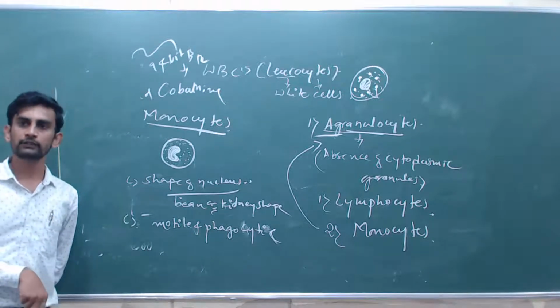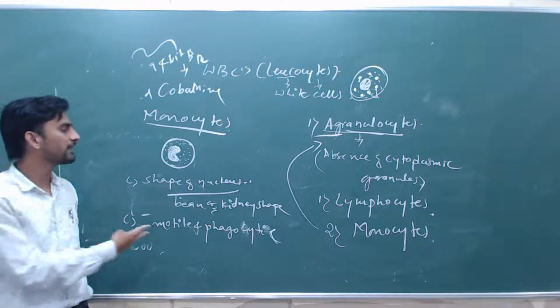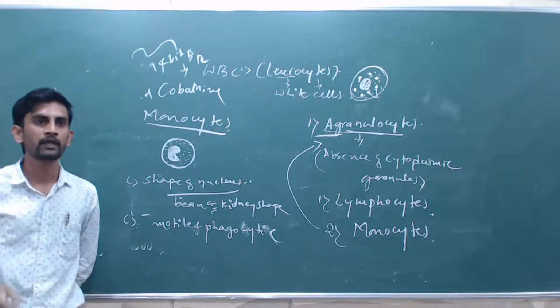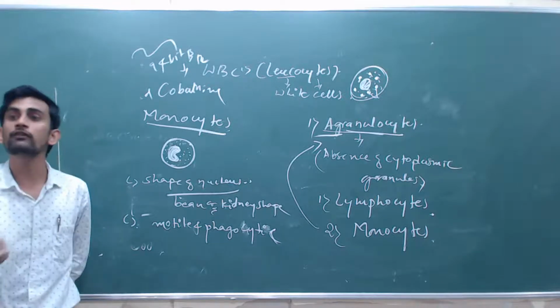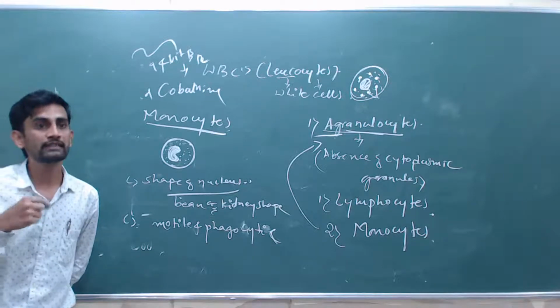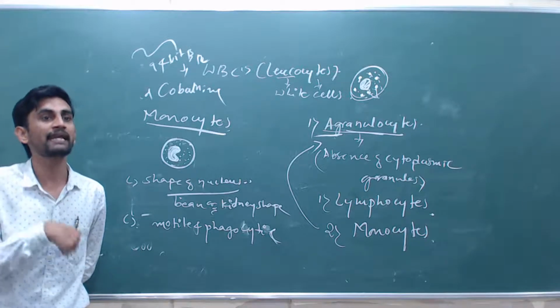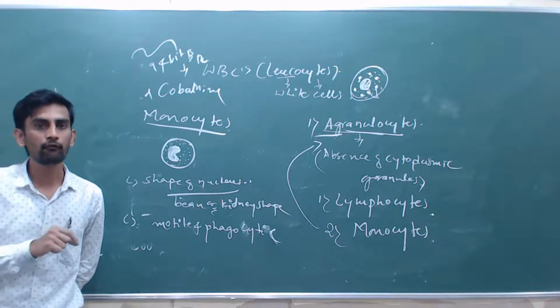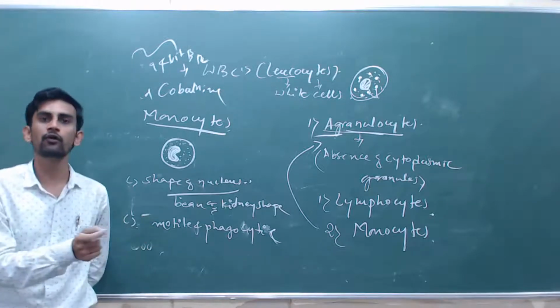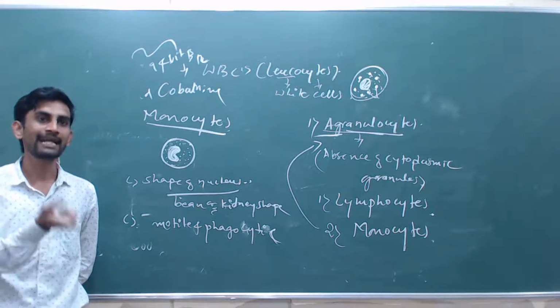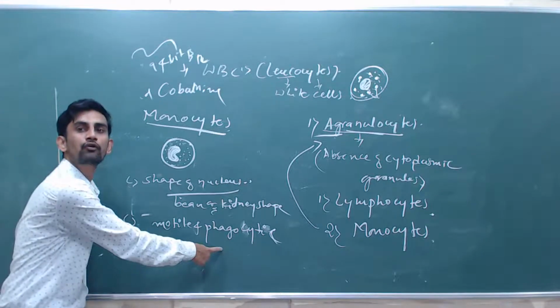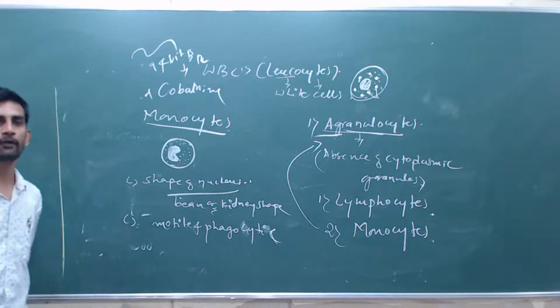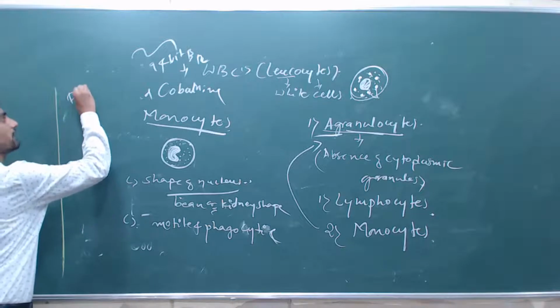Are you getting my point? Two types of engulfing process will come: phagocytosis and pinocytosis. Pinocytosis is nothing but cell drinking. Engulfing is called phagocytosis. Are you getting my point? Two different types. Pinocytosis.